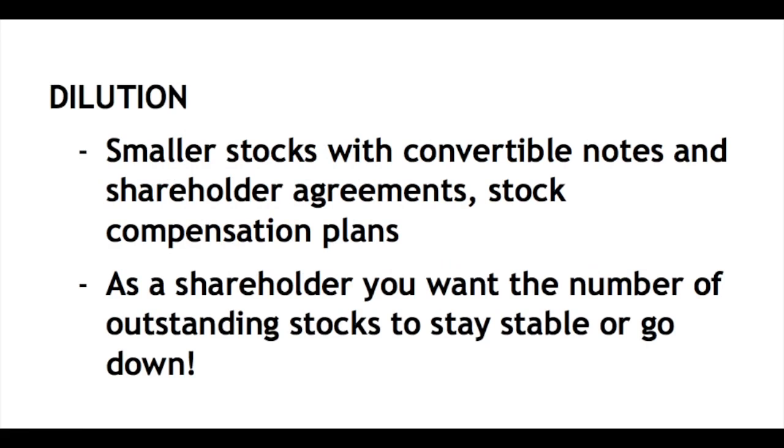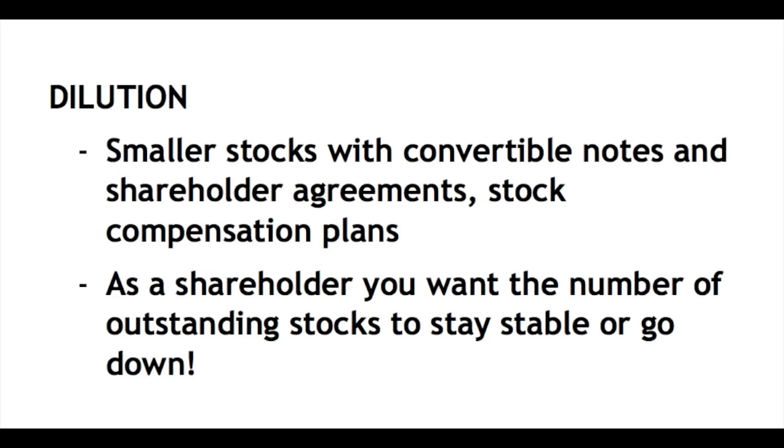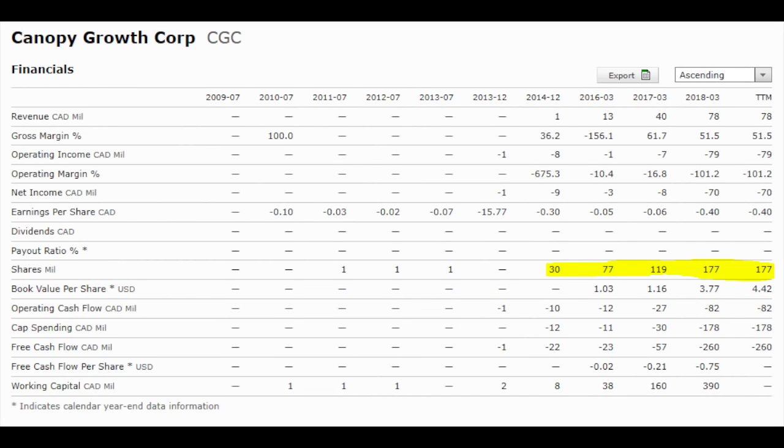For dilution, which means that smaller stocks usually, but also bigger stocks, have convertible notes or shareholder agreements or big stock compensation plans. Just an example here, the CEO of Snapchat got about 600 million in stock compensation when the company went public. As a shareholder, you want the number of outstanding stocks to stay stable or go down. An example of a company I recently discussed, Canopy Growth.